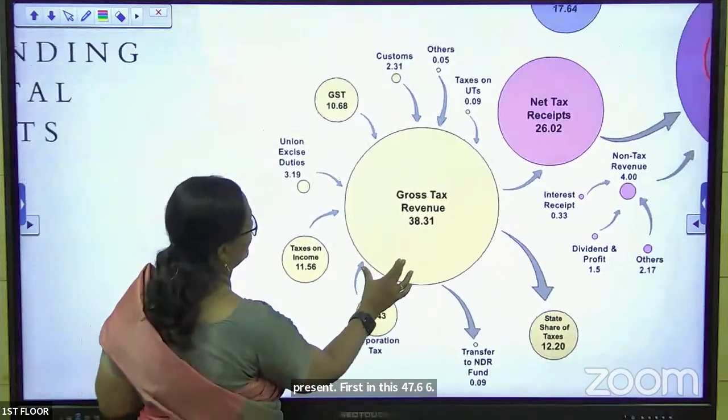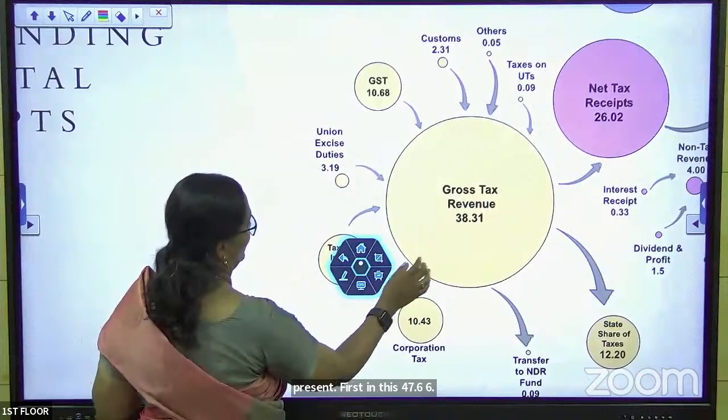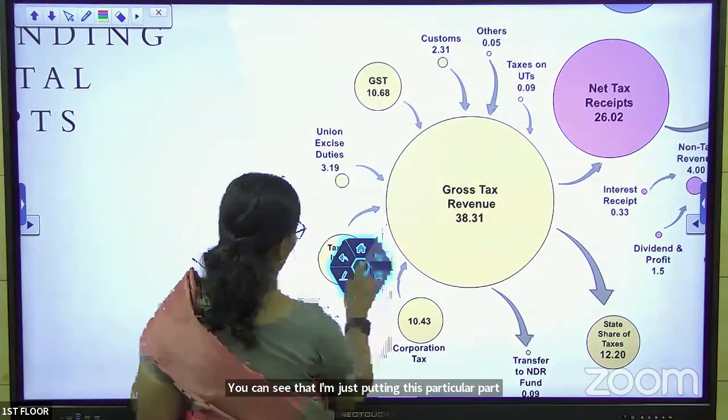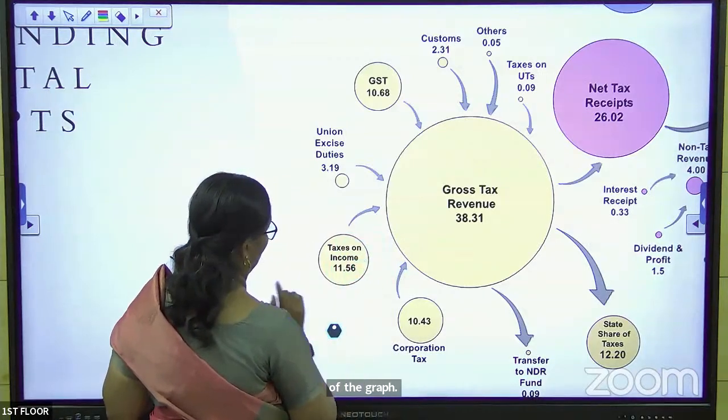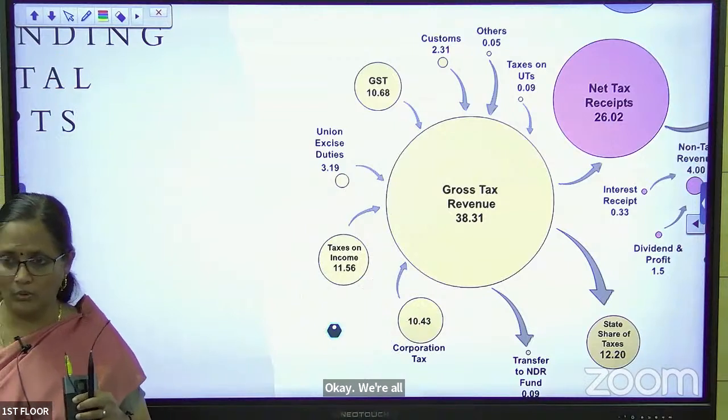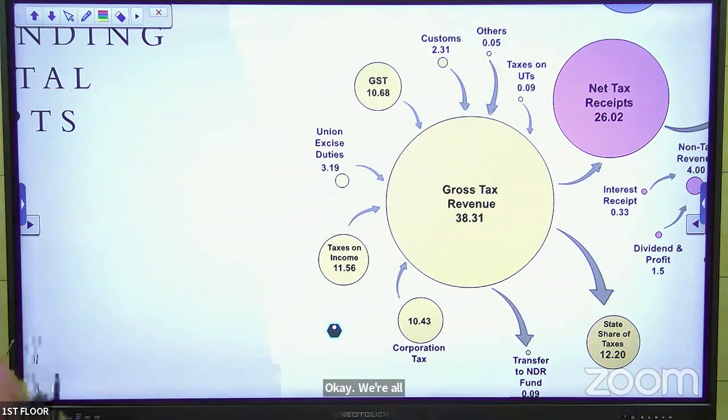you can see that I'm just putting this particular part of the graph. What is this? Okay. Gross tax revenue receipts. We remember revenue receipts, non-tax revenue receipts, NDCR. These are the three major things apart from the borrowings.